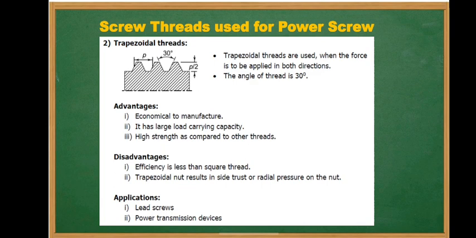Disadvantages: efficiency is less than the square threads, and the trapezoidal nut results in side thrust or radial pressure on the nut. Applications: lead screws, power transmission devices.